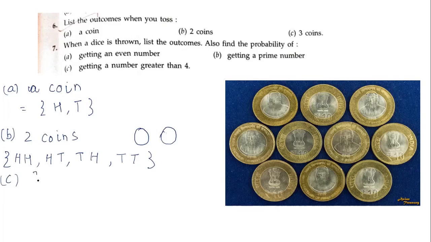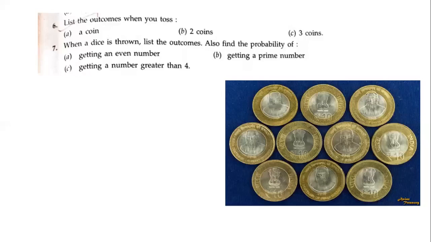C part, 3 coins, अगर हम 3 coins को टॉस करेंगे तो हमारे पास पॉसिबल आउटकम्स क्या आ सकते हैं? ये देखिए इट्स वेरी सिंपल। जैसे आपने इसमें देखा 2 raised to the power 2 आया, ये 2 raised to the power 1 आया। अब 2 raised to the power 3, that is 8 outcomes होंगे। This is the trick of solving the question.